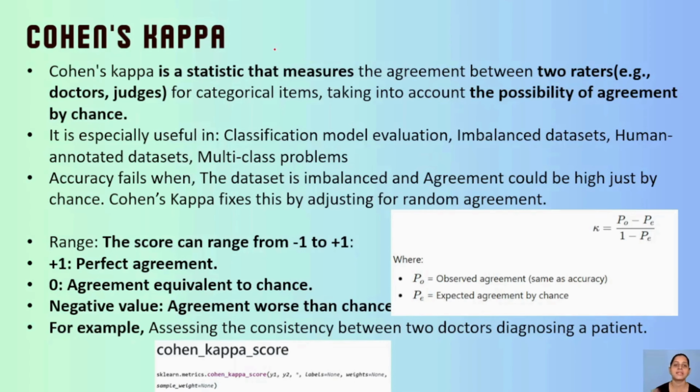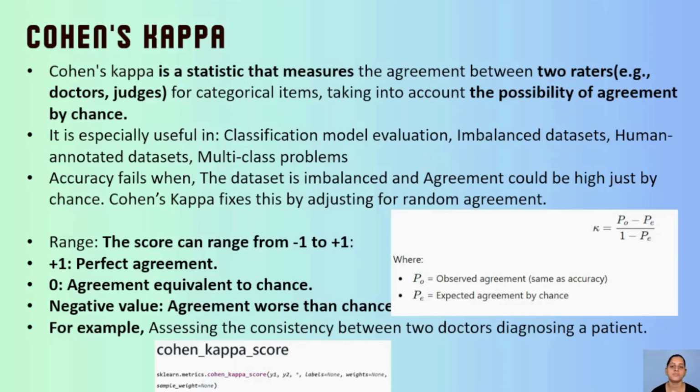In that case, Cohen's kappa comes into the picture. It is very useful in case of classification models and imbalanced datasets, and for human annotated datasets, where human intervention is there in preparing the dataset, because most of the time we are getting the data from the web, by scraping, from SQL tables, from different database tables. It is very helpful in case of multi-class classification problems as well.